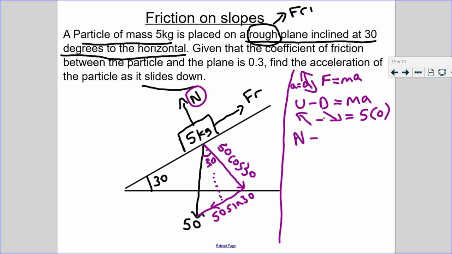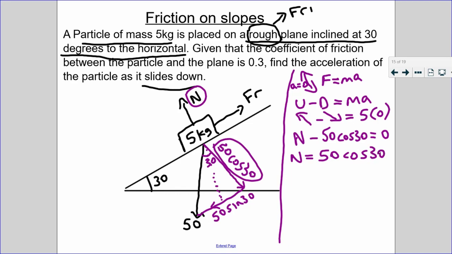Going down is your 50 cos 30, equals 5 times 0, which is 0. So n equals 50 cos 30, which is 25 root 3.